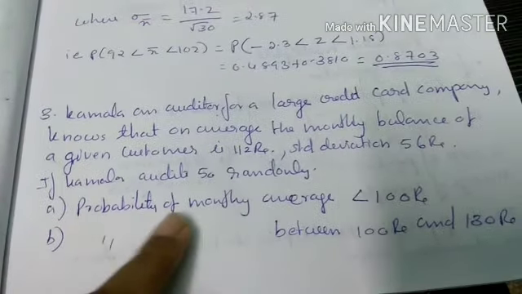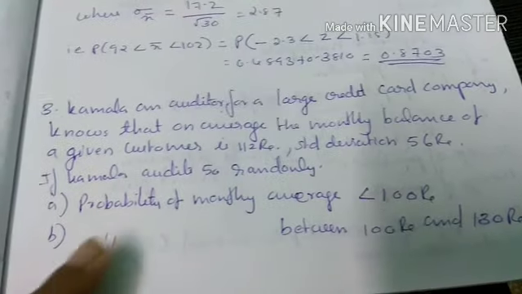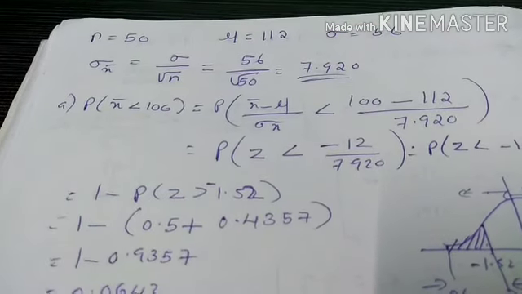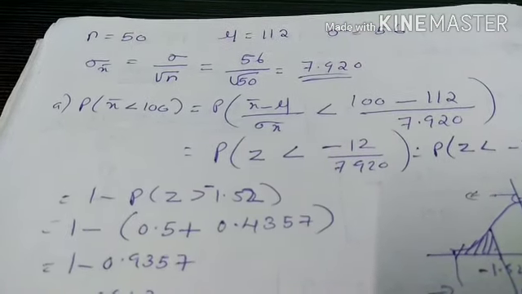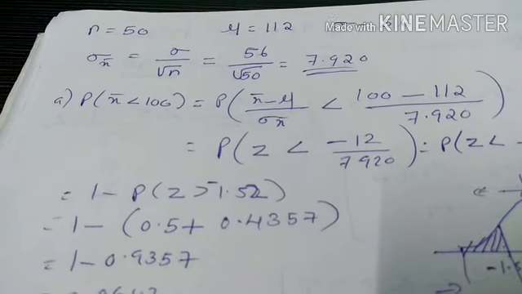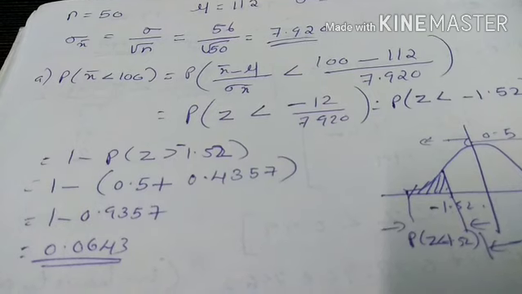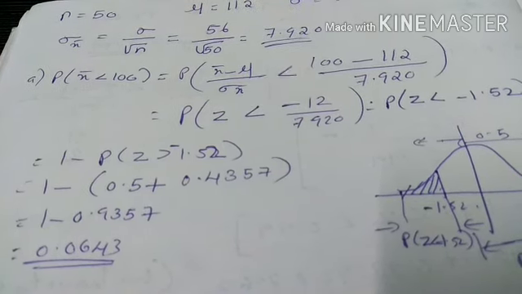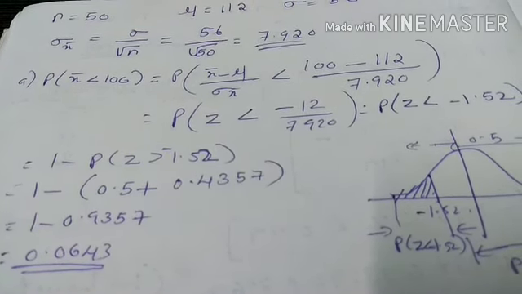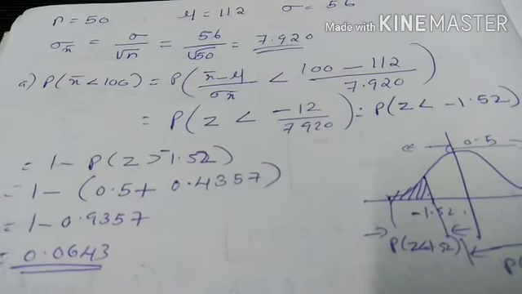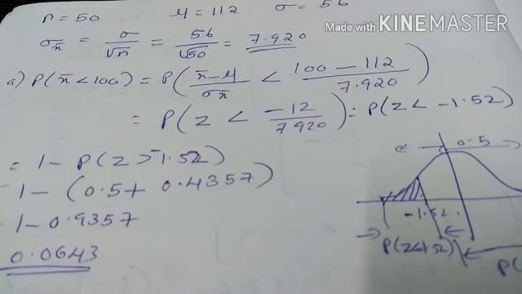What is the probability of monthly average less than 100, and the probability of monthly average between 100 and 130? Here n equal to 50, mu equal to 112 and sigma is 56. Sigma x bar is sigma by root n, that is equal to 7.920. So first we have to find P of x bar less than 100, which is P of z less than (100 minus 112) by 7.920, that is P of z less than minus 1.52.